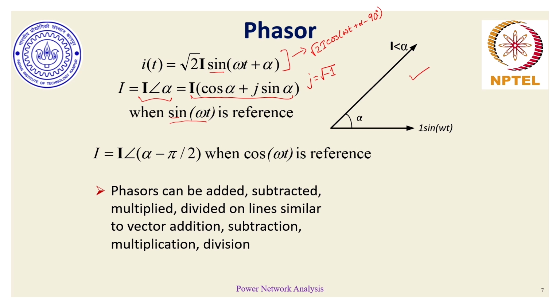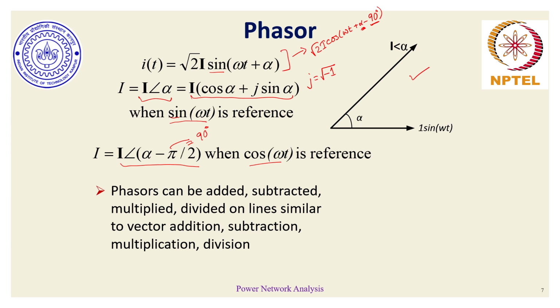When we choose cos omega t as a reference, in addition to the phase angle alpha, we also have a minus 90 degree phase shift, which is essentially what is written here, pi by 2 being the radian equivalent of 90 degrees. So these angles match.